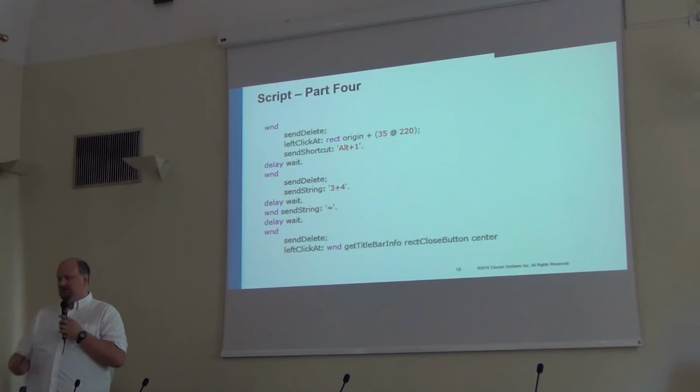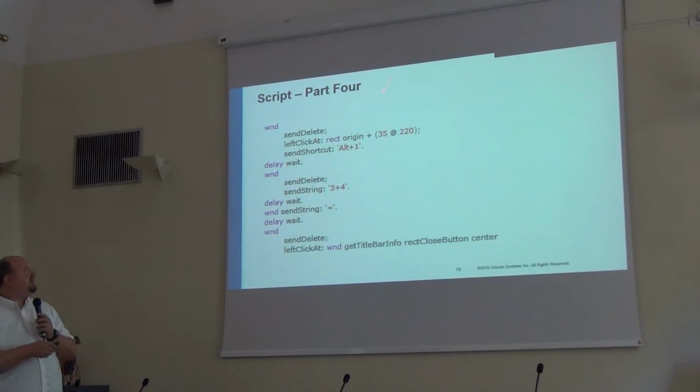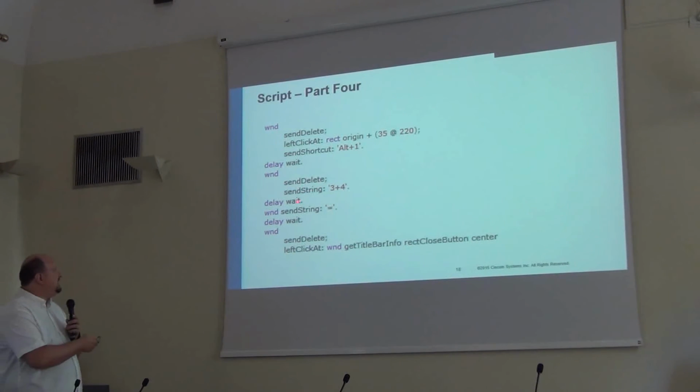Part 4, going to reset the state again. Alt 1 means I switch over to the regular interface that's used. I send delete again just to make sure that you really get rid of it. I send the string 3+4, I do a little wait, you don't actually need to do that, but then I send the string equal.